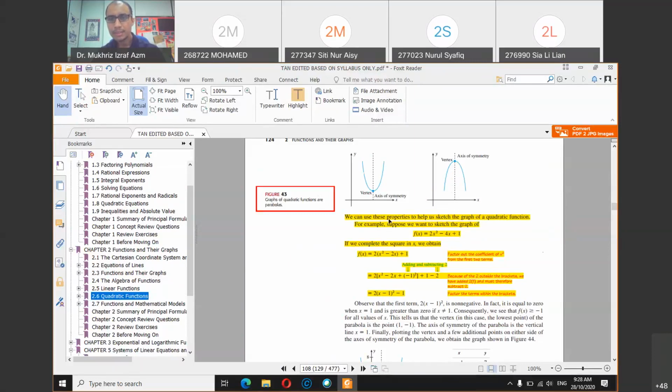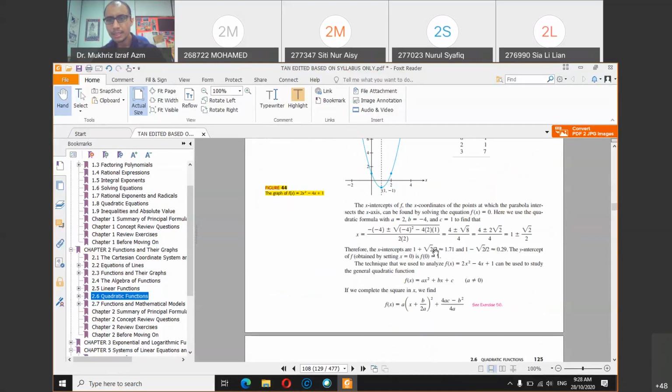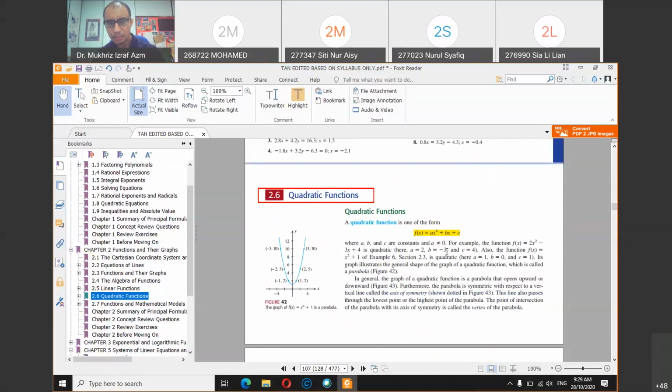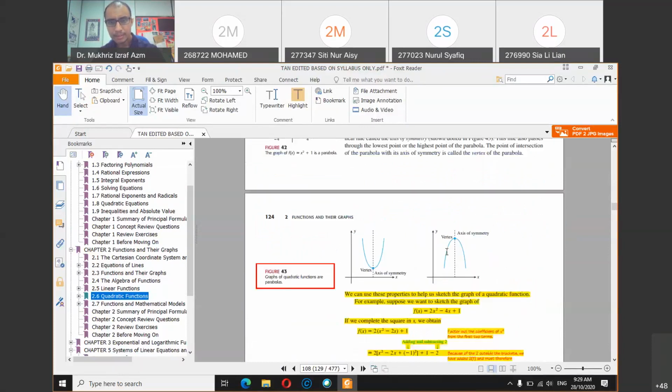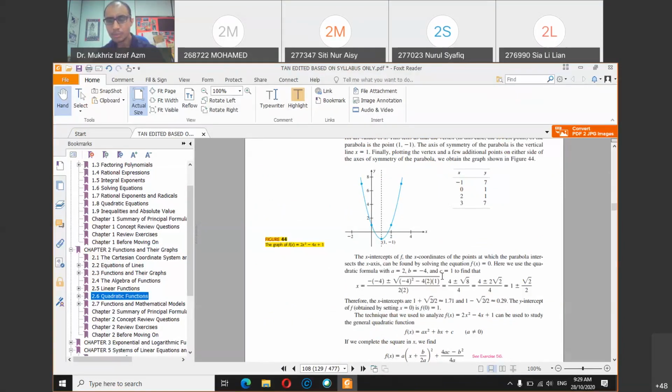So when you deal with a function like the quadratic function, I'm sure by now you are familiar with this formula, negative b plus minus square root of b square minus 4ac, divided by 2a. This is the factorization formula, correct?